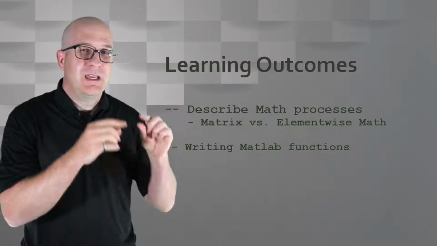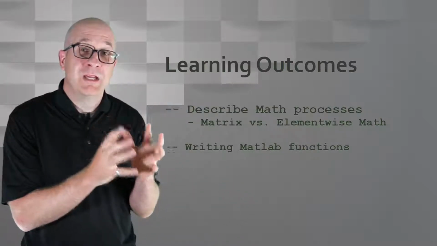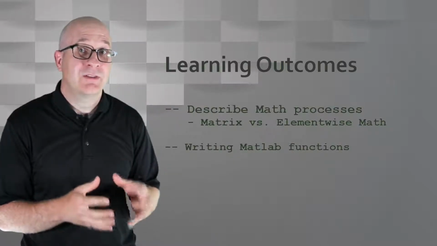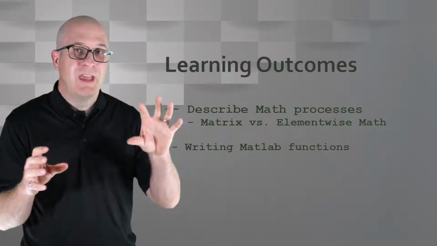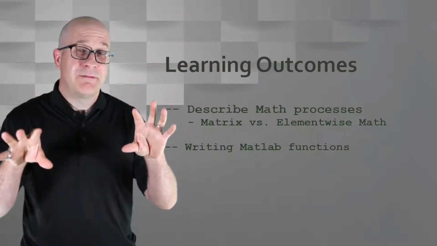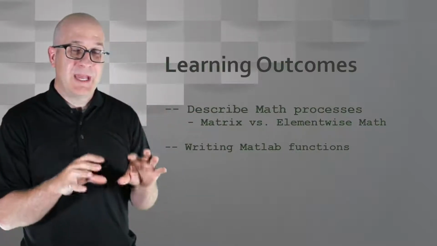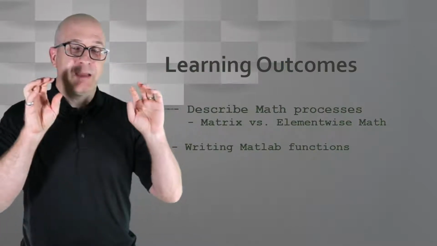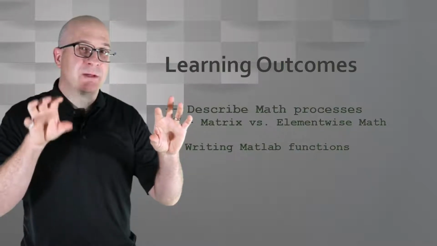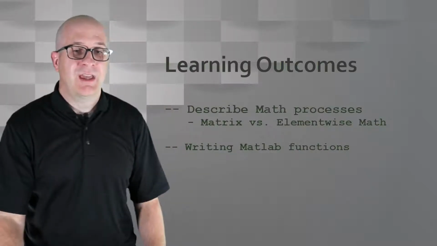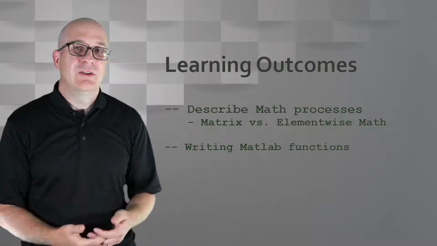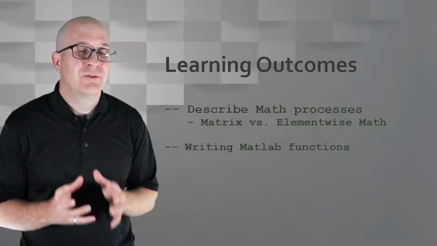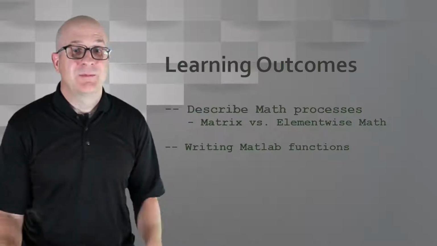When we used an asterisk to do matrix multiply, we were using a built-in process in MATLAB to multiply a matrix A by itself. When we did element-by-element multiply with dot star, we multiplied a matrix A element by element with another matrix A. So what I'd like to do is create our own versions of those two symbols, and we're going to call them functions.